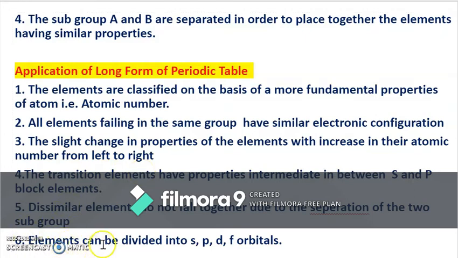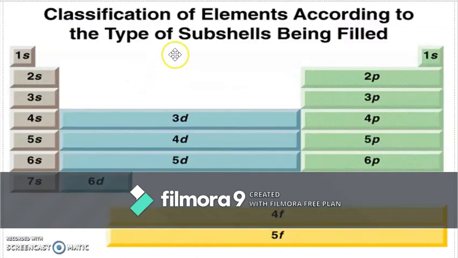The elements can be divided into s, p, d and f orbital or block elements. The elements can be divided into four types on the basis of the nature of atomic orbitals which the last electron, also called the differentiating electron, enters.